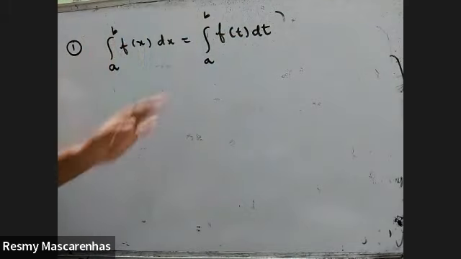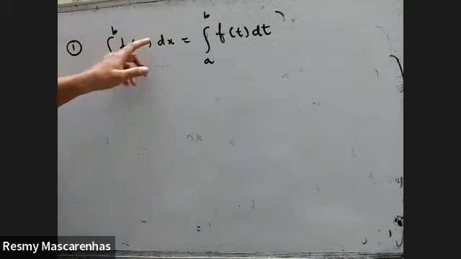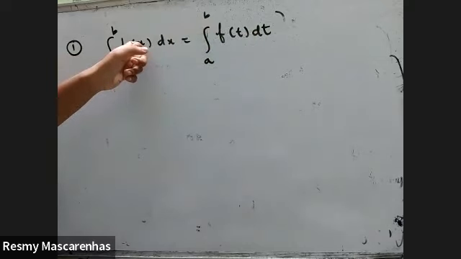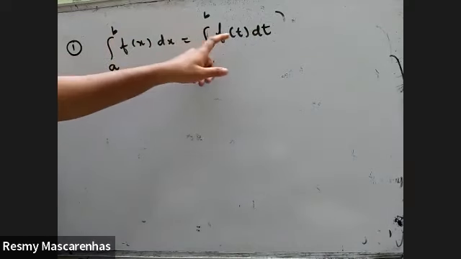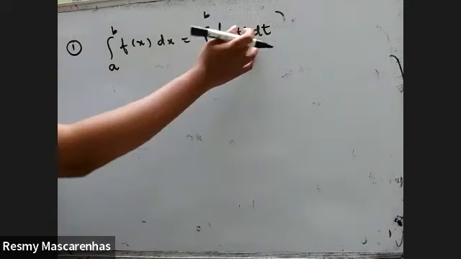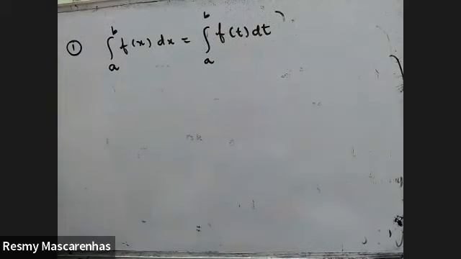So letter doesn't matter. Instead of x, I can simply replace this letter by t, or by m also. So I can put f of m into dm. So this is property 1. Changing the letter will not make any difference to the answer.